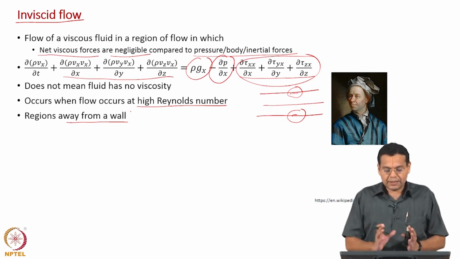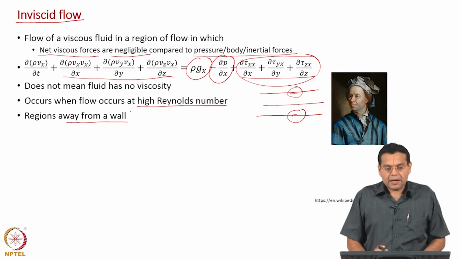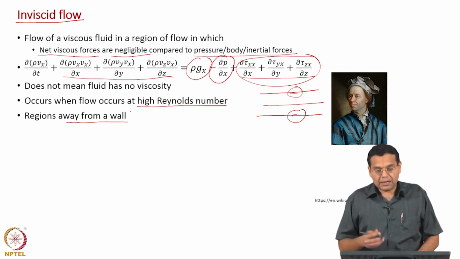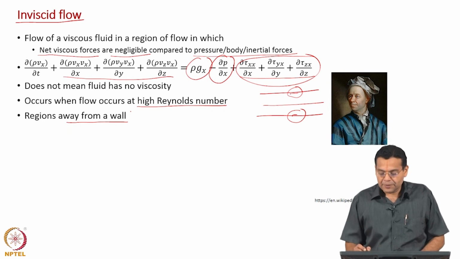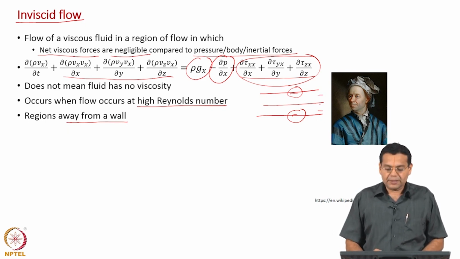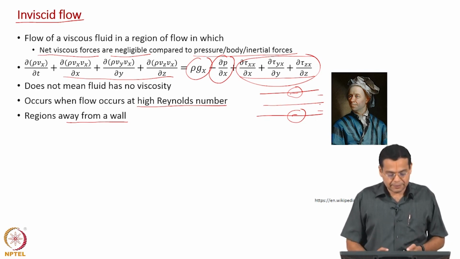So, inviscid flows occur at high Reynolds number condition, and not alone high Reynolds number, you can also consider flow to be inviscid somewhere in a region away from the wall, not near the wall. Near the wall viscous forces will contribute and you cannot neglect them.